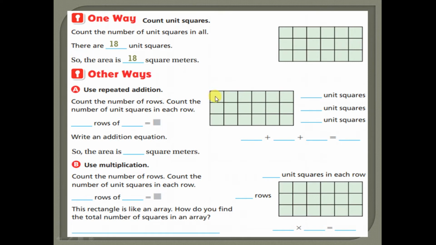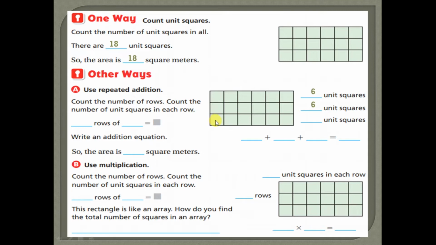Let's count together. 1, 2, 3, 4, 5, 6. 6 squares. Let's figure out how many squares are in the second row. Count together. 1, 2, 3, 4, 5, 6. Again 6. Oh, it's similar. Can it be? It should be.